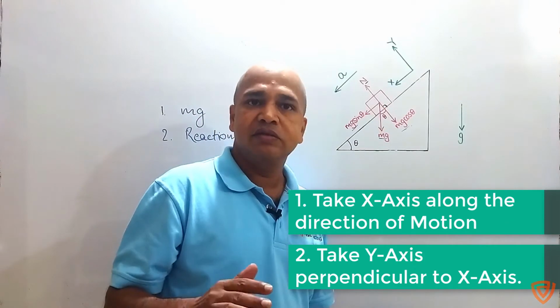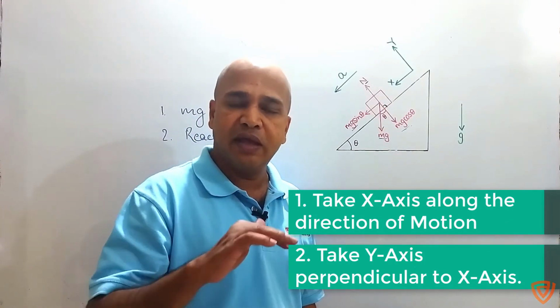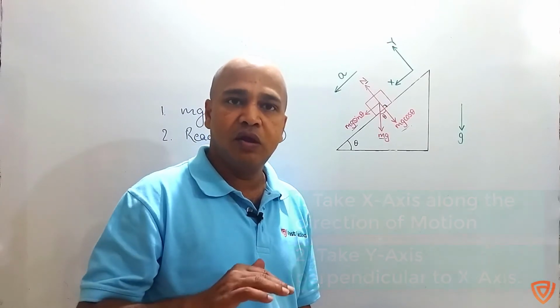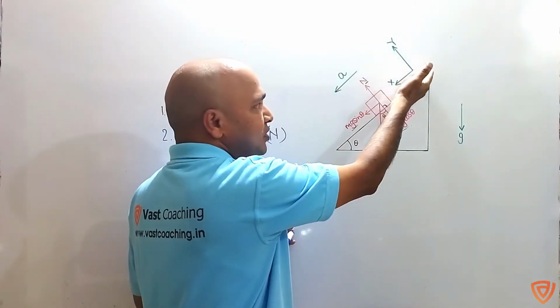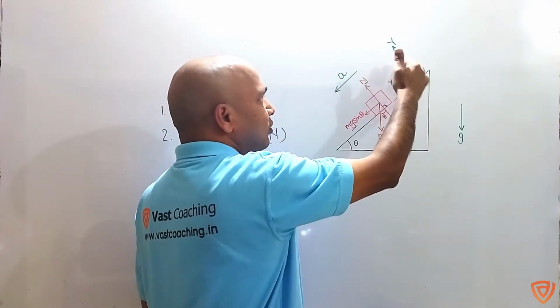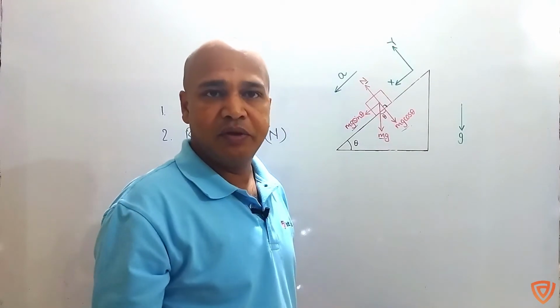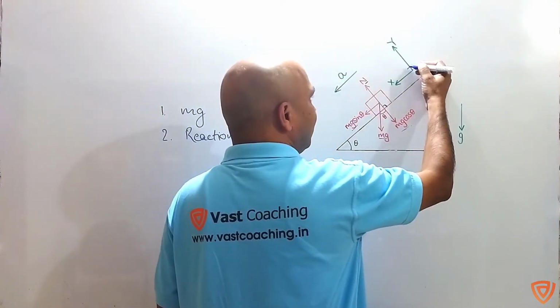Choose your x-axis accordingly. You should always choose the x-axis along the motion. Our motion is in this direction, so I have chosen the x-axis in this direction, and for the y-axis there is no doubt, because the y-axis is always perpendicular to the x-axis, so that's by default.